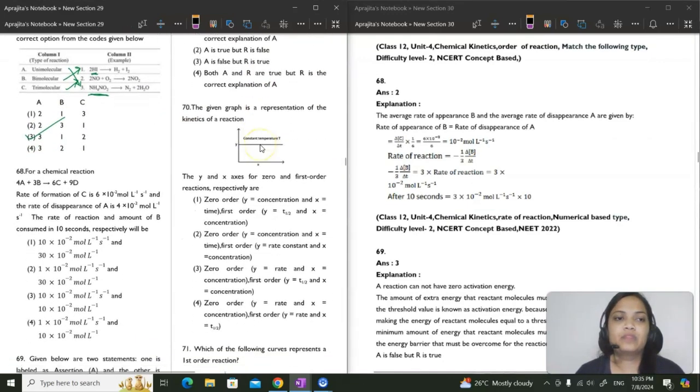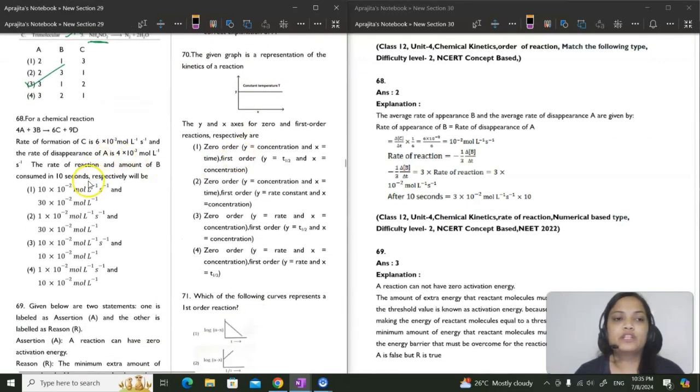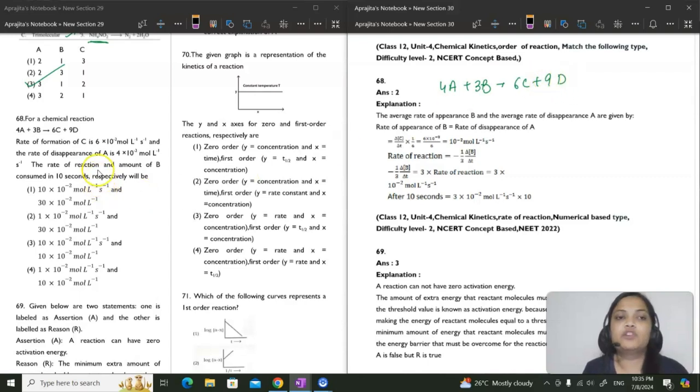Okay, next is a question. The reaction is given: 4A plus 3B gives 6C and 9D. The rate of formation of C is given and the rate of disappearance of A is given. We need the rate of reaction and the amount of B consumed in 10 seconds.